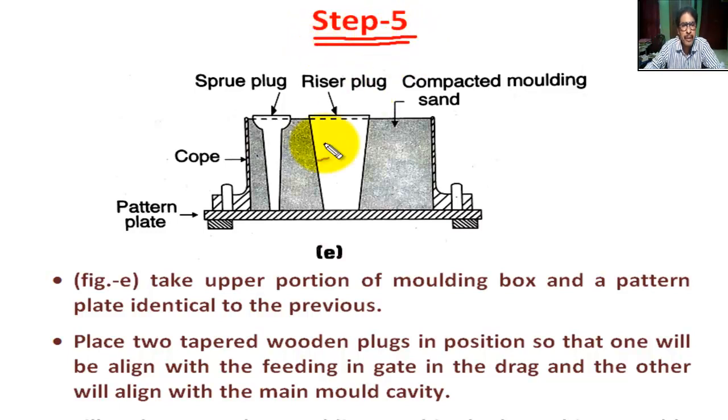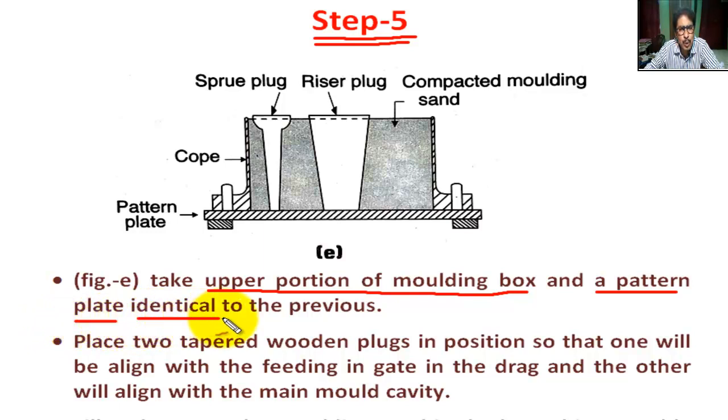Now, step 5. Figure E. Then take the upper portion of the molding box, which is a separate portion, and a pattern plate identical to the previous one used in the drag portion.